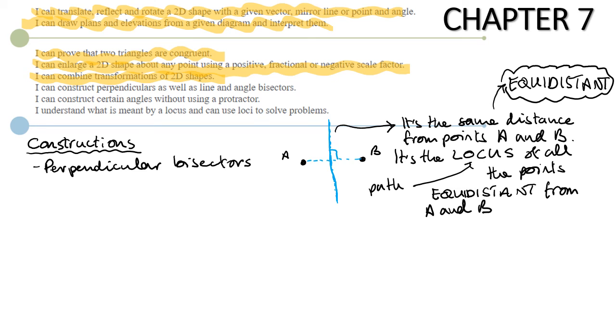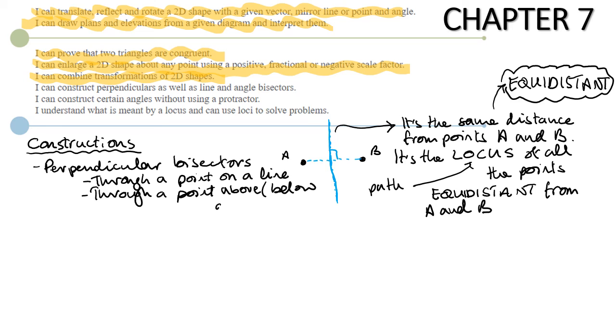We need to do basically one that goes through a point on a line, through a point above or below a line, and also perpendicular bisector of 2 points. Yeah, and there will be links in the description on how to do those. So that's the first type.